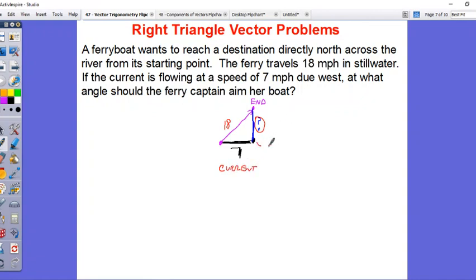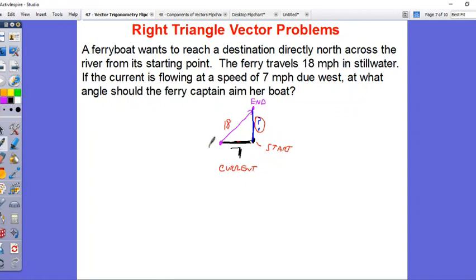This is the starting point. Our end is directly north from the starting point, and this is the movement of the boat from the current. This is the movement of the ferry boat from its motor. So we could use the Pythagorean theorem to find out.